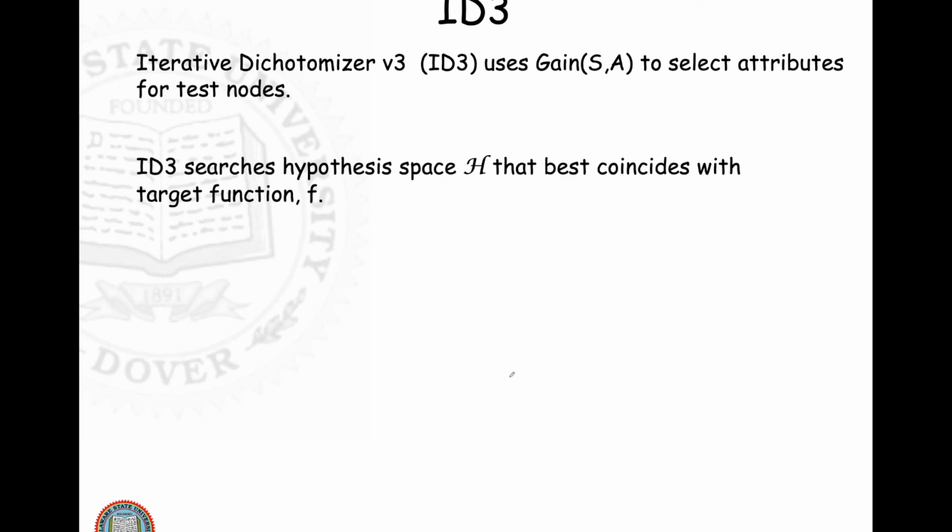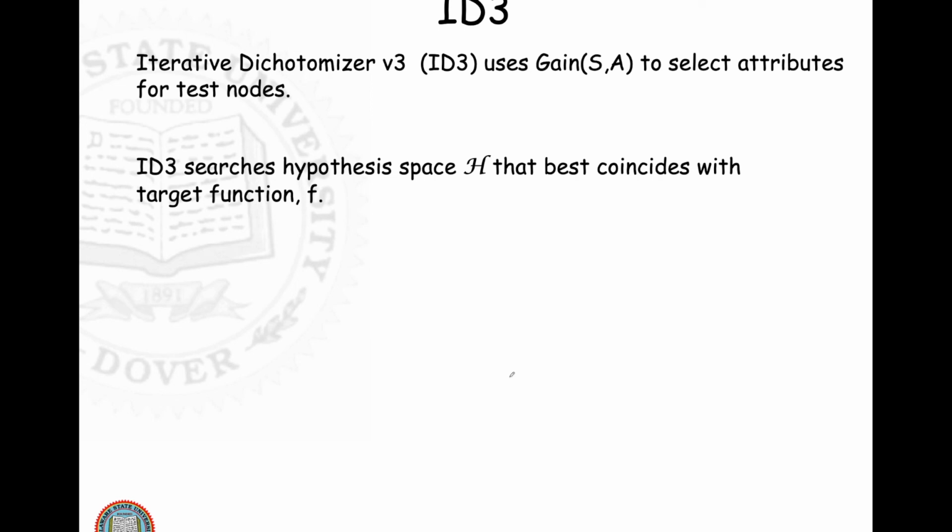And so ID3, Iterative Dichotomizer 3, uses this information gain to select attributes for your test nodes. And so you search the hypothesis space by considering the tests that will produce the largest information gain, the largest reduction in the number of bits needed to encode when you split, resulting from those splits of the original data set into smaller subsets.